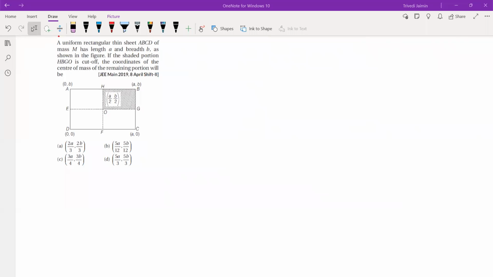Just find the coordinates, that's it. Are you able to do this? Or shall I solve?